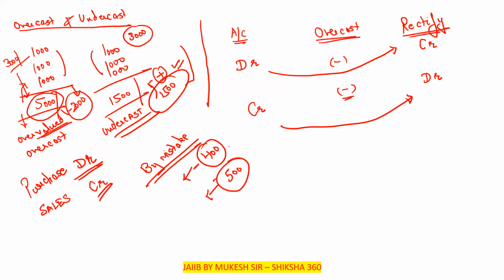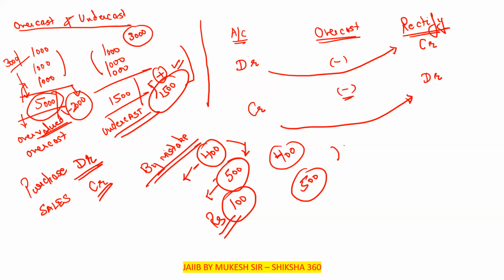So we have debited an extra 100 rupees. How do we make that entry correct? We have to debit 400, but we debited 500, so 100 more has to be reversed here. It is 400 against 500, just for understanding purposes.